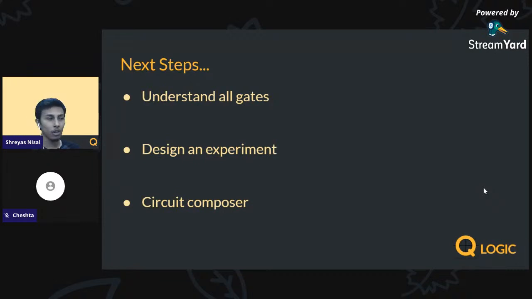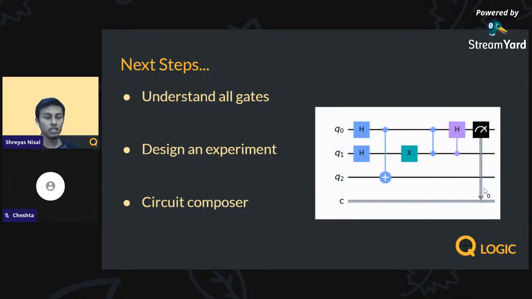You can try it out on a simulator, or nowadays there are actually options for you to run your circuit on a quantum backend. This is what a circuit composer would look like. I've just put some gates that I could think of and made a circuit.